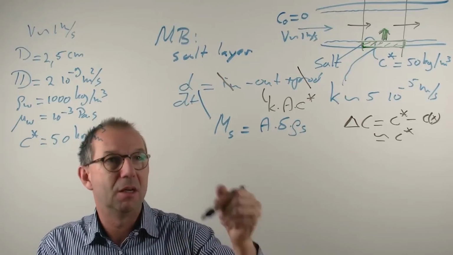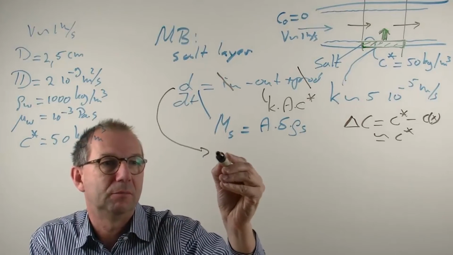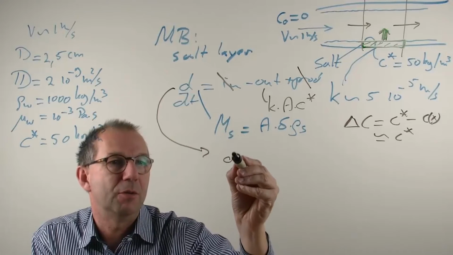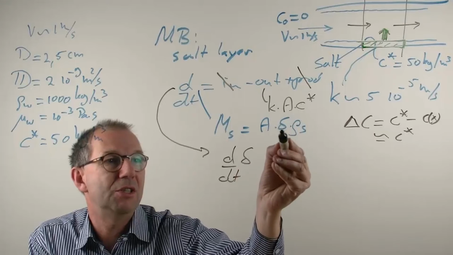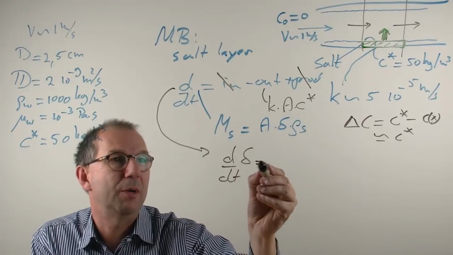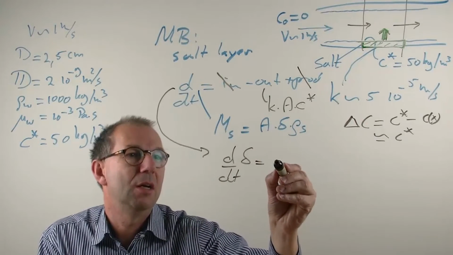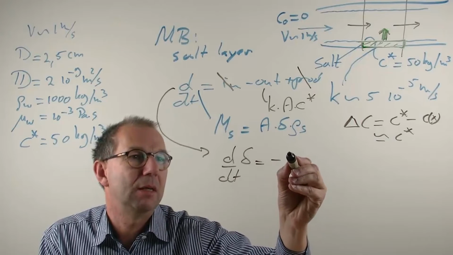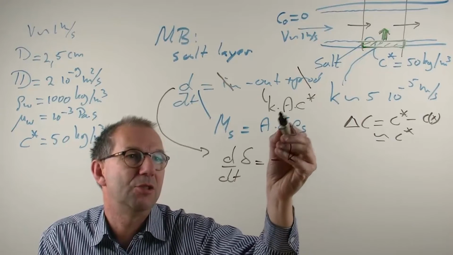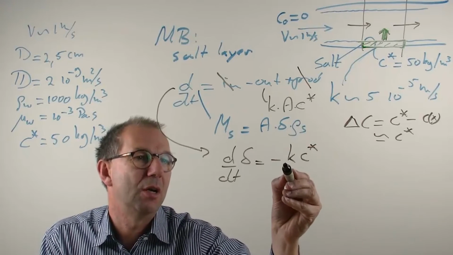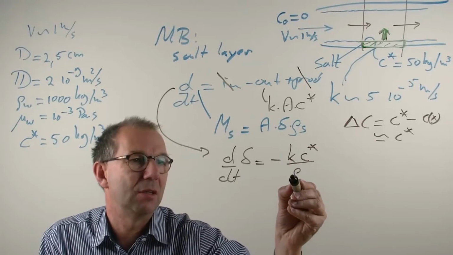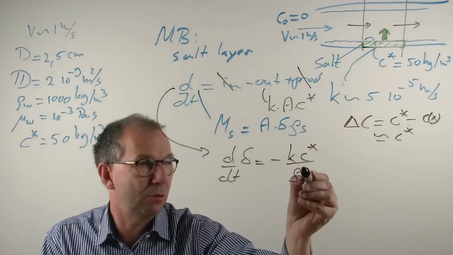So this gives me a differential equation for the thickness of the layer, which is surprisingly simple. The d delta/dt of the thickness, so how it is changing, shrinking in this case, is minus K, the A's drop out, C star is left over from the driving force, divided by the density of the solid material here.